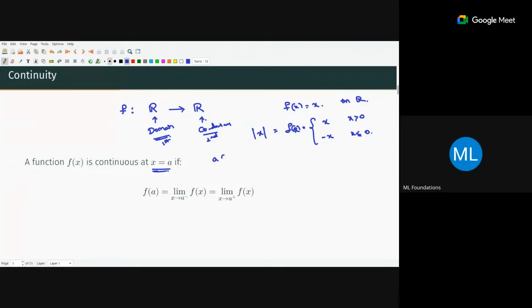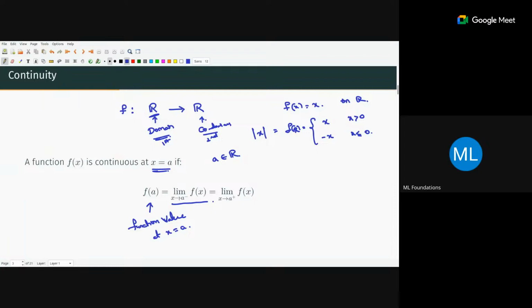So a belongs to, in our case, belongs to this R. If f of a, the function value, is the function value at x equals a, and whatever you see in this should be equal to limit x tends to a minus f of x.